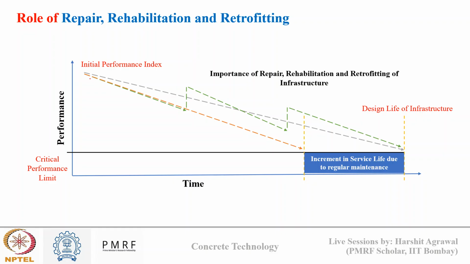You can see here in the green line, my concrete was degrading, then some repair maintenance was applied, so my concrete's performance was increased again. Then again it starts to degrade, then again the performance was enhanced after some time, and in this way I am able to reach the expected service life of structure. So this is how service life is defined.